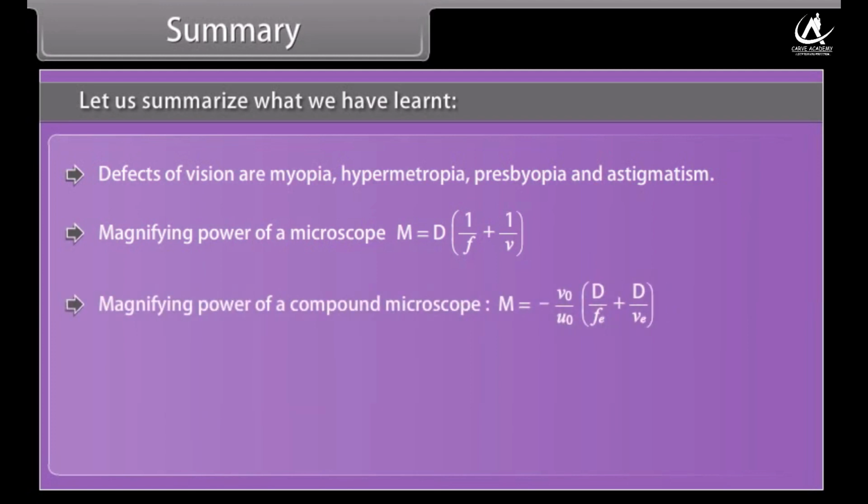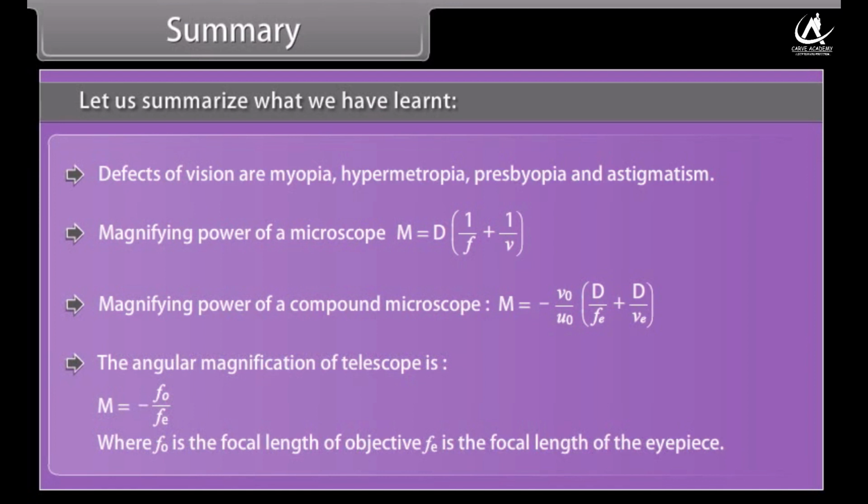Magnifying power of a compound microscope, m is equal to minus v0 upon u0 into (D upon fe plus D upon ve). The angular magnification of a telescope is m is equal to minus fo upon fe, where fo is the focal length of the objective and fe is the focal length of the eyepiece.